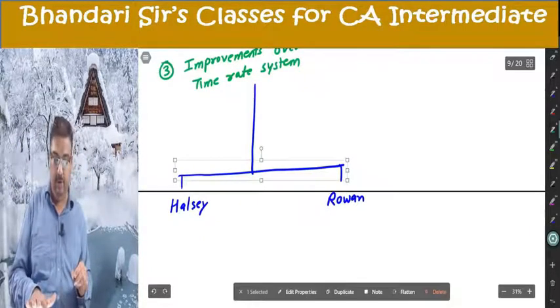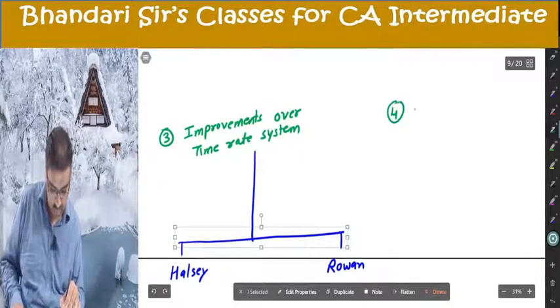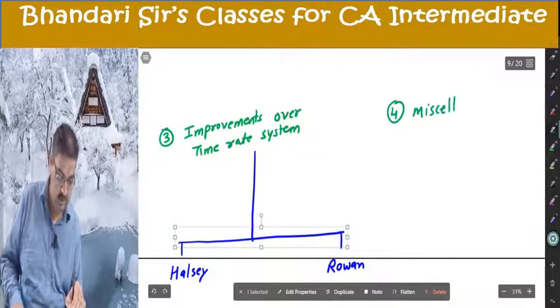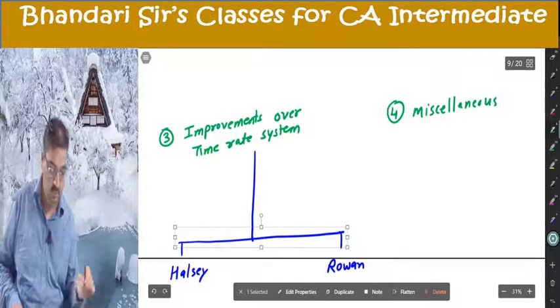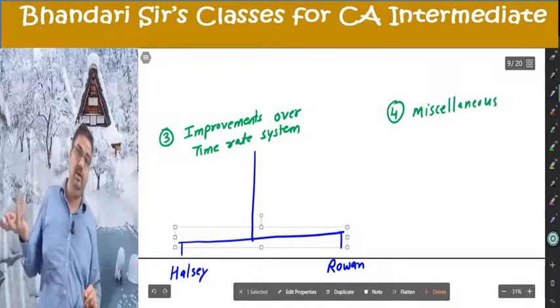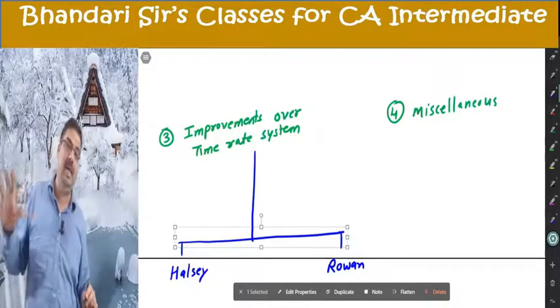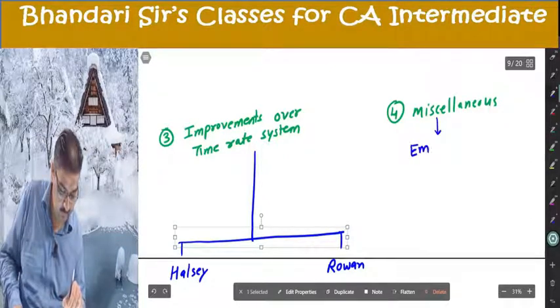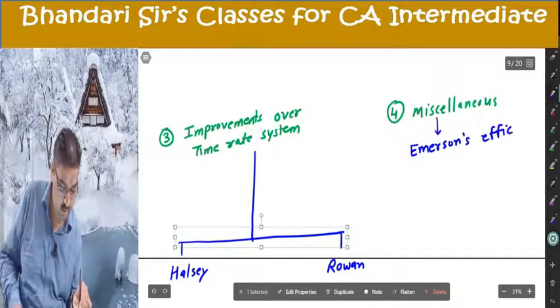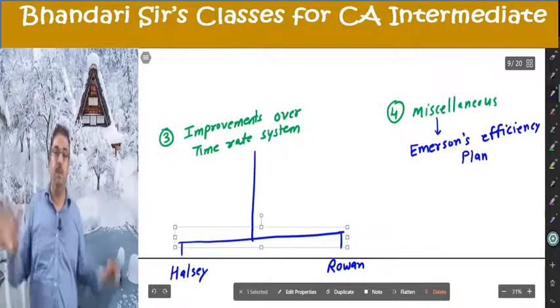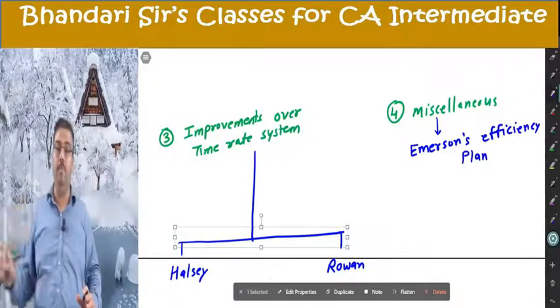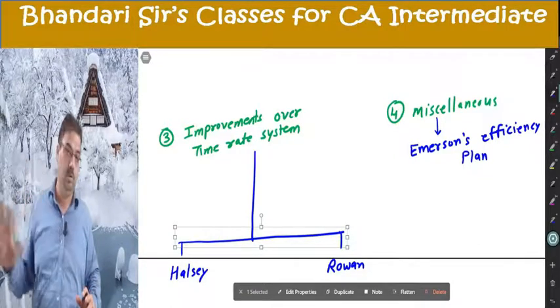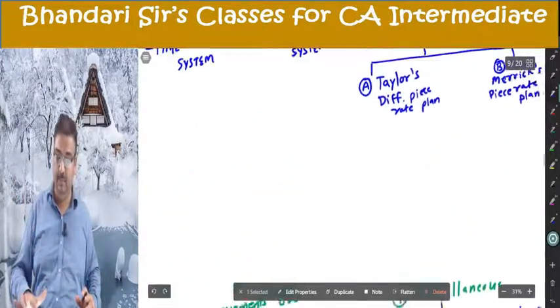And fourth category that we do, miscellaneous. There are a lot more plans given in booklet, but I am concentrating on main exam oriented plans. Here only one plan will be done, Emerson's efficiency plan. So broadly in remuneration incentives, how many plans are we covering? 9 plans in total. Starting with first, basic plans.